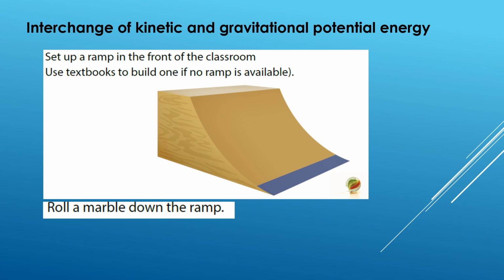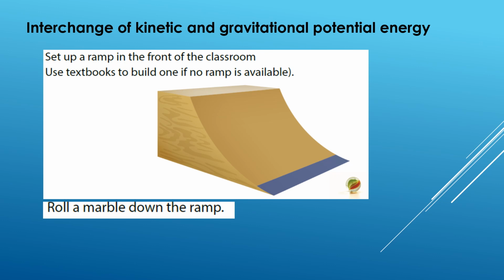Now let us see what happens when we are going to roll a marble down the ramp. So what is the form of energy possessed by the marble at the top of the ramp? Since it is at the top of the ramp and certainly above the ground, it has gravitational potential energy.